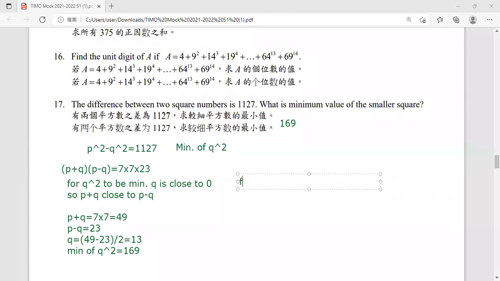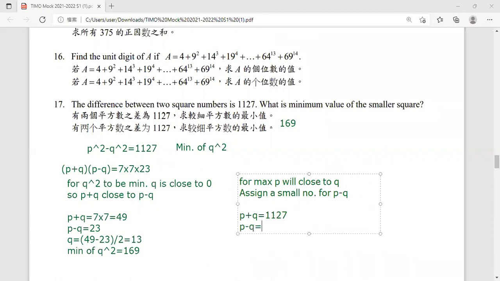For maximum, P will be close to Q, and then I will put a small number for P minus Q. Then Q will be equal to 163. Okay, then Q squared.